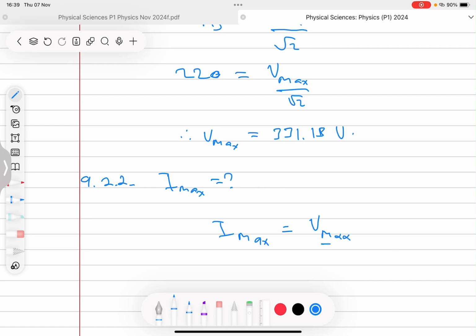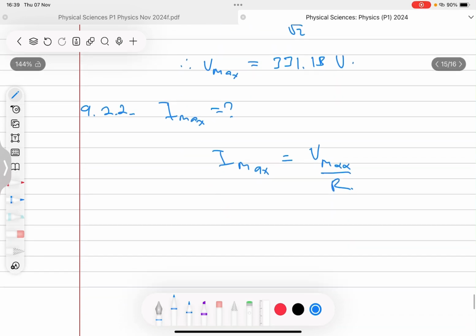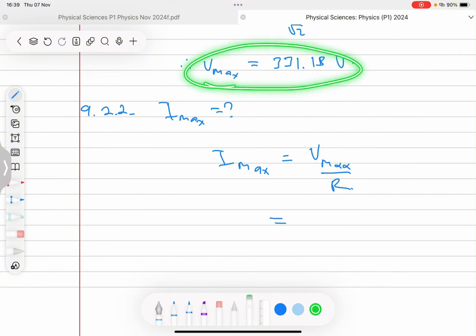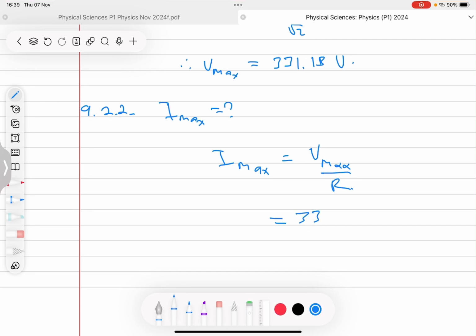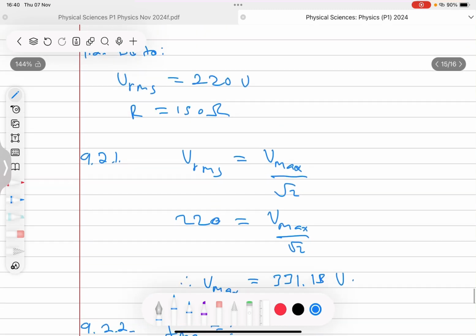Imax is going to be Vmax all over the resistance. This one gives you the max current, and we know our max voltage. We just calculated that from the previous question. This is 331.13 divided by our resistance, which is 150.